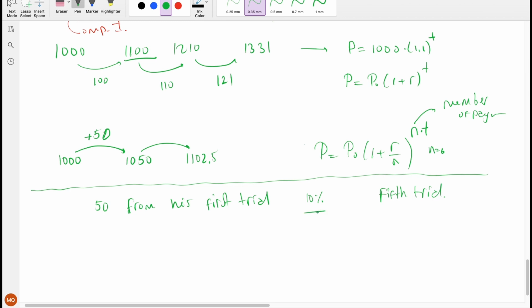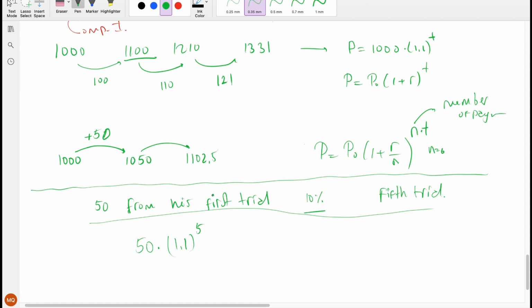Okay, because it increased by 10%, it is like this: 50 multiplied by 1.1 to the power of number of trial. Most of the time, when I make a trial exam in my college, let's say in course, most of the students write 5 here and make a mistake.